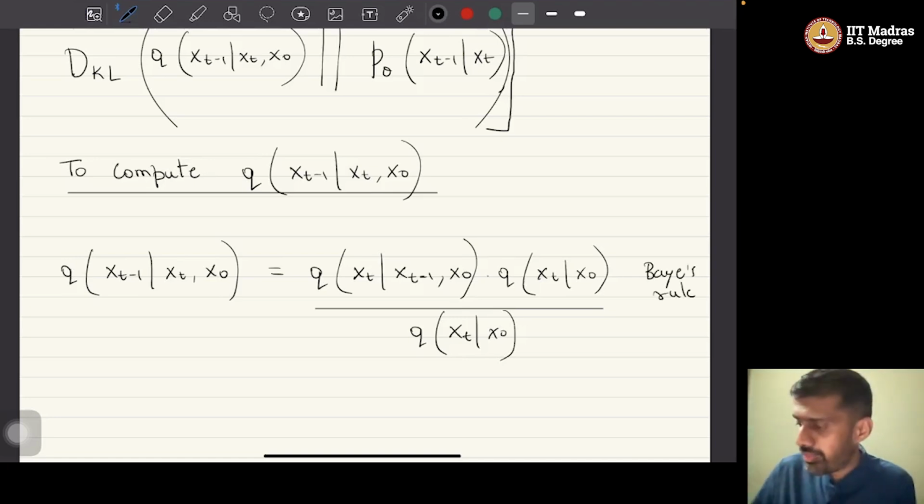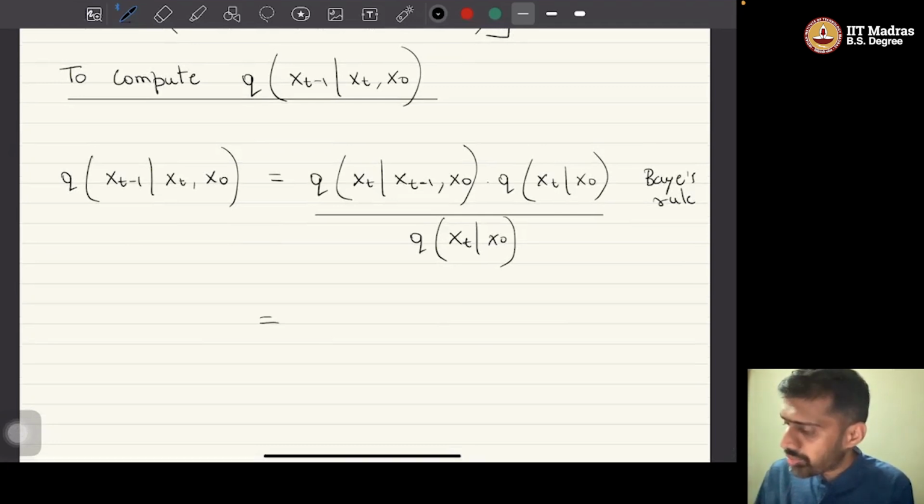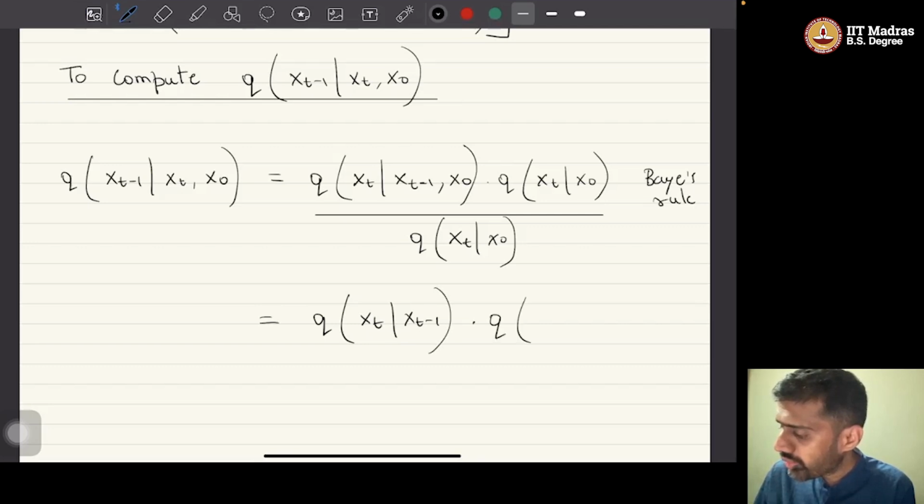Again Bayes rule. Okay. Now we will use the definition of the Markovian process. The first term here can be simply written as q of xt given xt minus 1, because given xt minus 1, q of xt is independent of x naught because of the first order Markov process. So this is q of xt given x naught divided by q of xt given x naught.